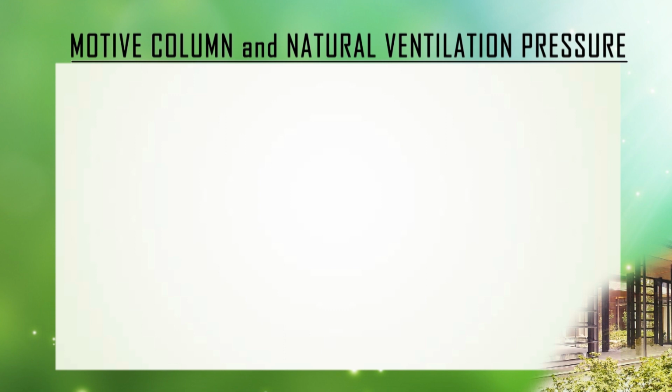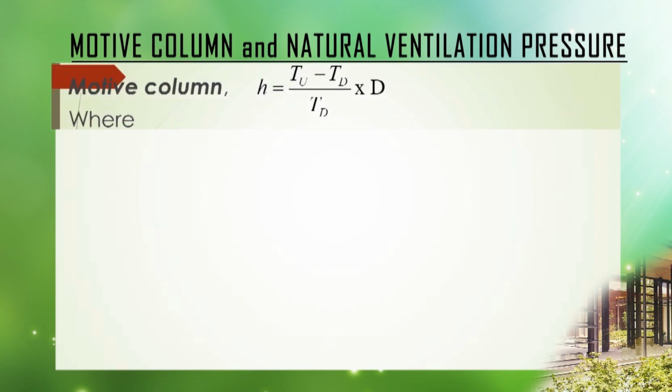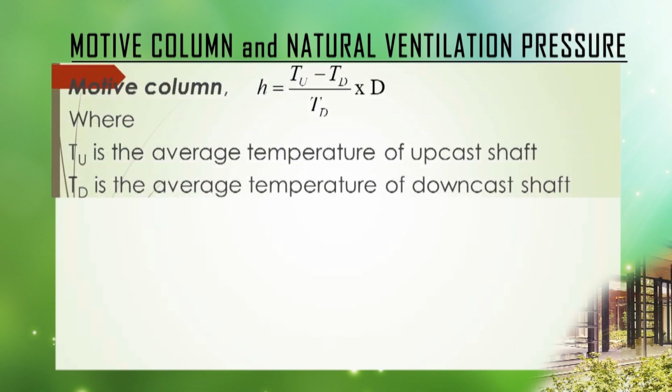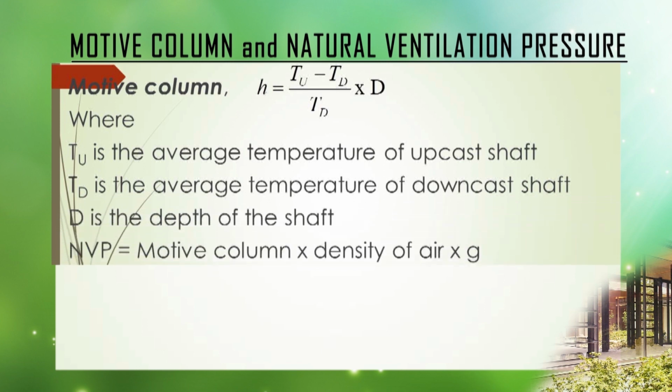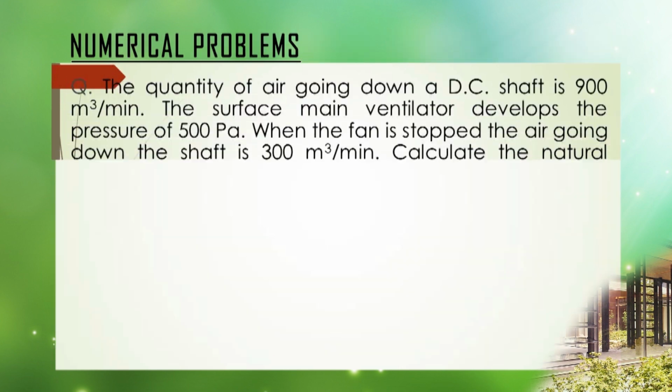The formula for the motive column is H = ((Tu − Td) / Td) × D, where Tu is the average temperature of the upcast shaft, Td is the average temperature of the downcast shaft, and D is the depth of the shaft. Natural ventilation pressure is the motive column times density of air times g. Its SI unit is Pascal.